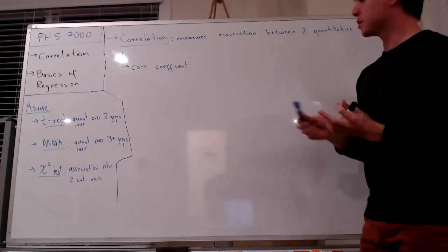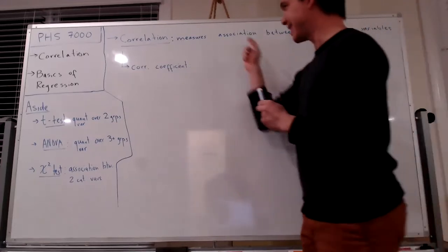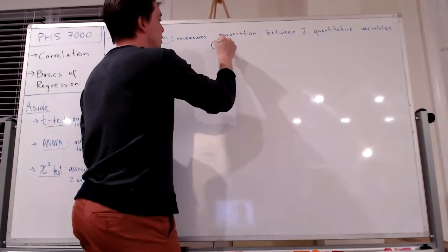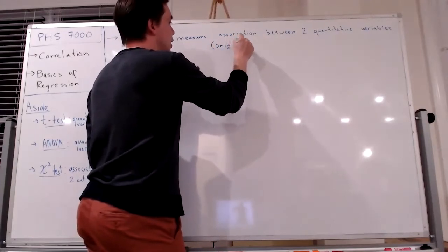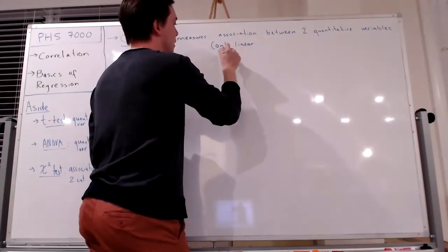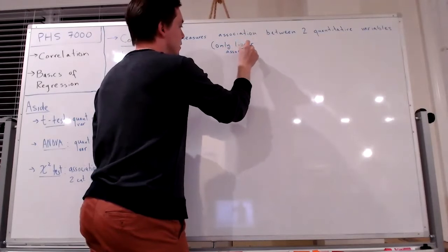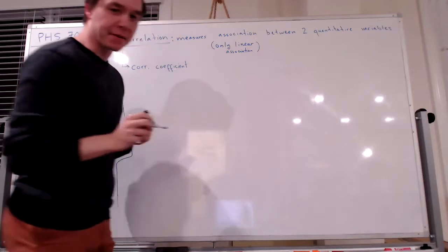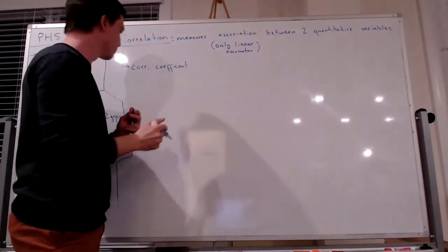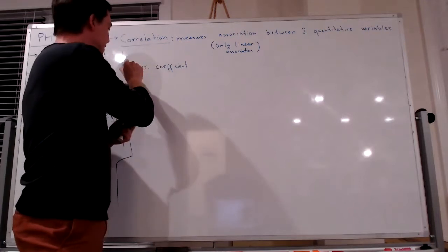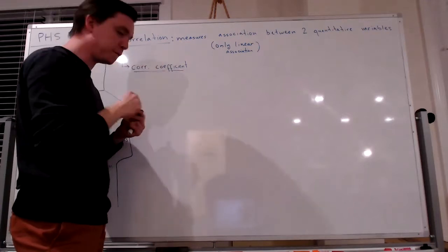It measures the association between them, and there's a particular kind of association: it measures only linear association. And I will show graphically when that comes into play. The way it's measured is via the correlation coefficient.